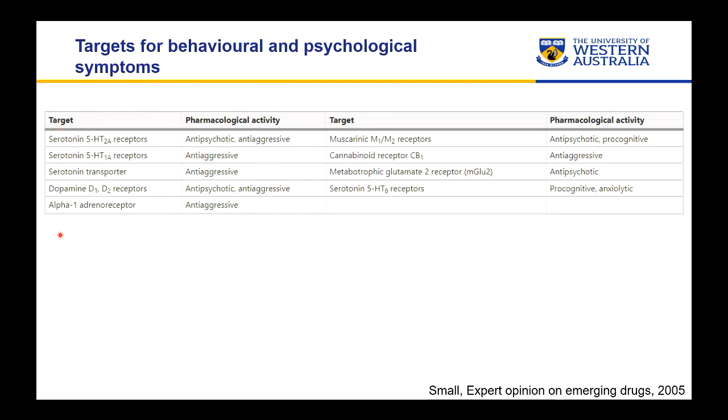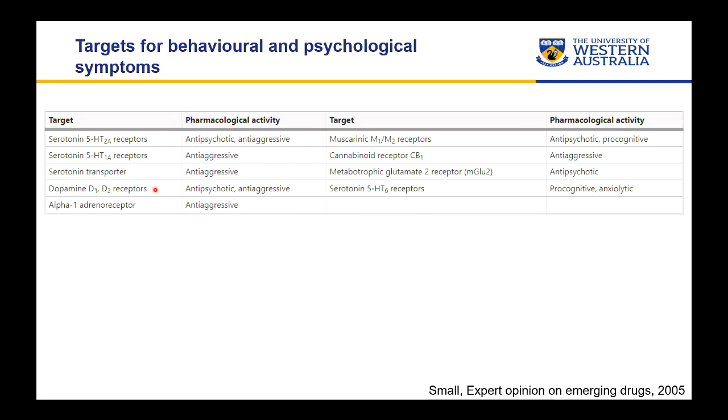Well, again, we talked a lot about monoamines in the previous lectures, and here, this is just a table showing you that serotonin also plays a really strong part in this behavioral and psychological regulation, so mood changes as well. So we can target a lot of these receptors to have an antipsychotic or anti-aggressive effect as well.